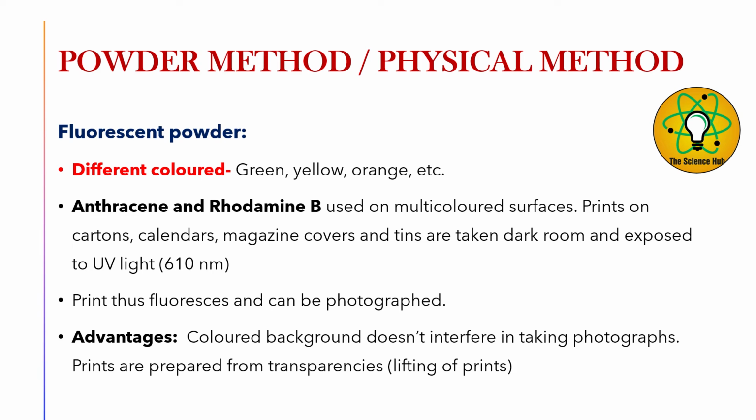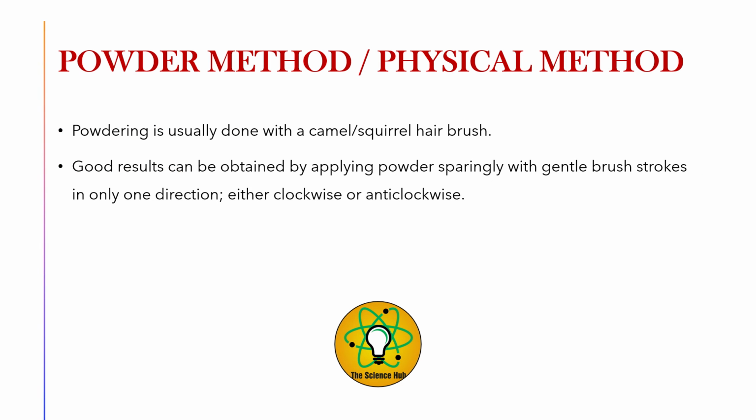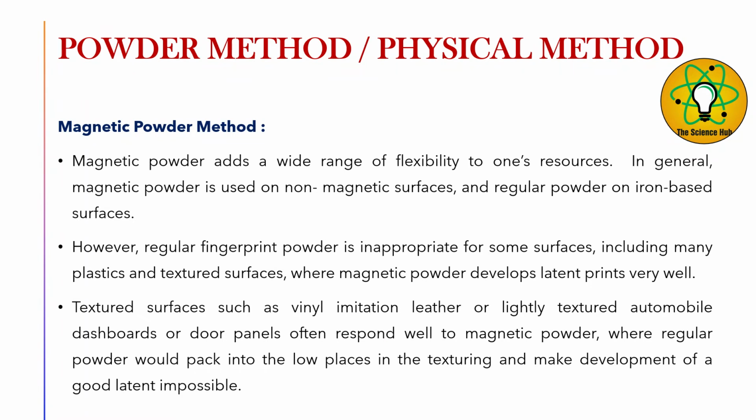Print shows fluorescence and can be photographed easily for the further analysis. Advantage: colored background does not interfere in taking photograph. Print prepared from transparency. Results can be obtained by applying powder sparingly with gentle brush strokes only in one direction, either clockwise or anti-clockwise.